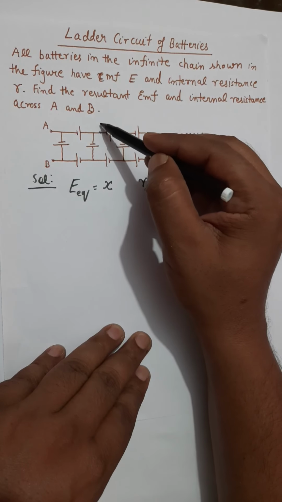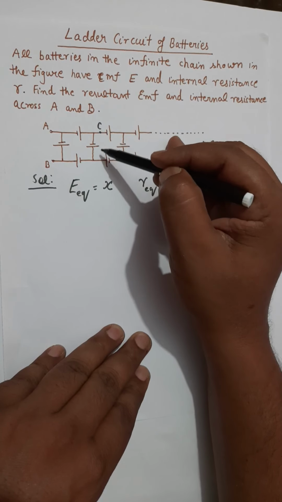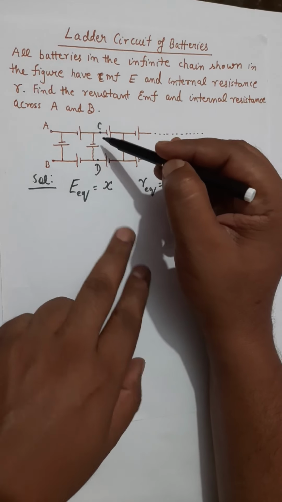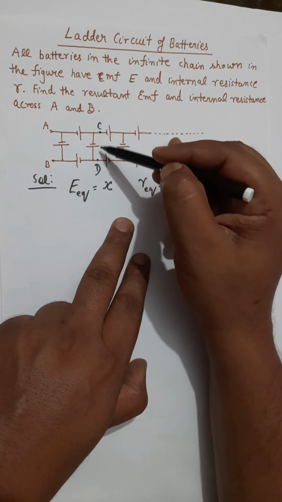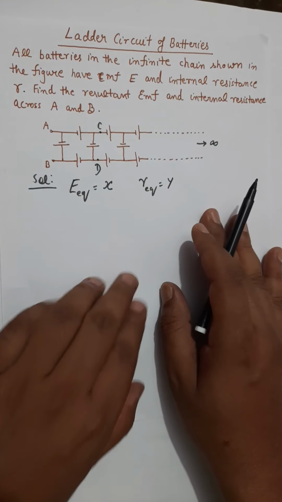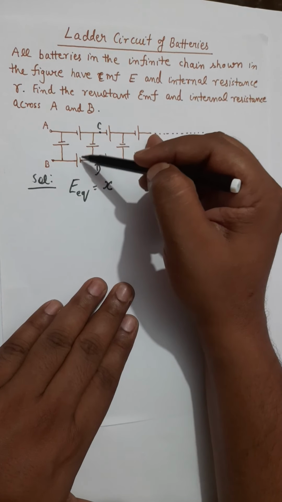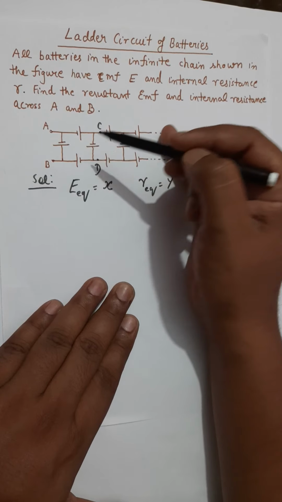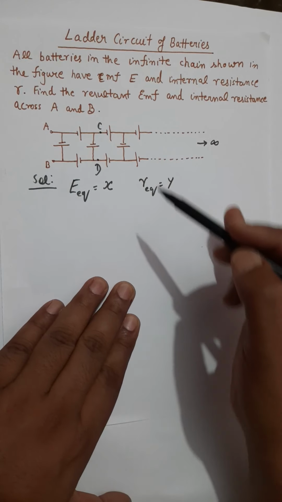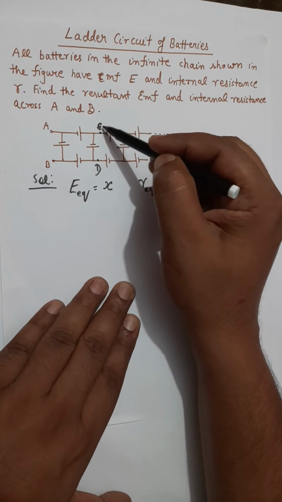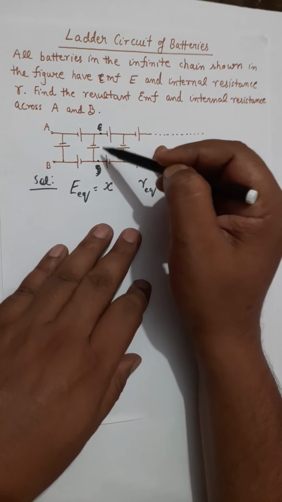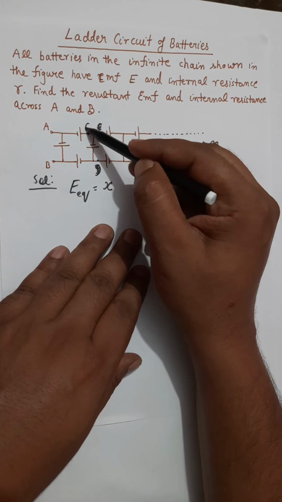Now the logic is, if you consider point C and point D here, at this point, and if I remove these four batteries, sorry, I made a mistake. I should take point C and point D here.